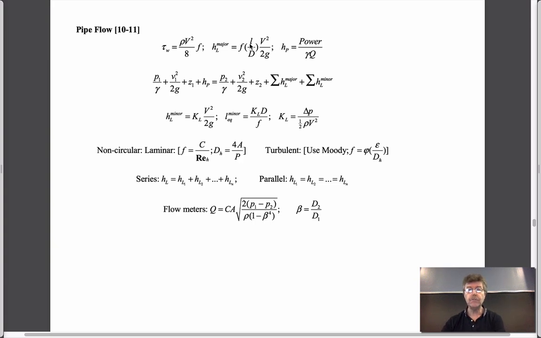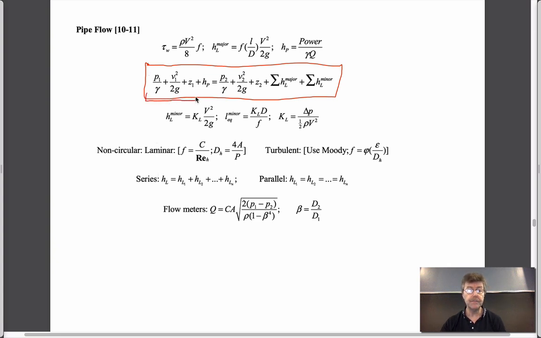Basically, what we'd like to be able to do is calculate, for instance, the size of pump to be able to pump fluid along a pipeline. To do that, we need to take care of the energy equation, which is our one-dimensional energy equation, which you'll recall comes from Reynolds' transport theorem for taking account of energy.